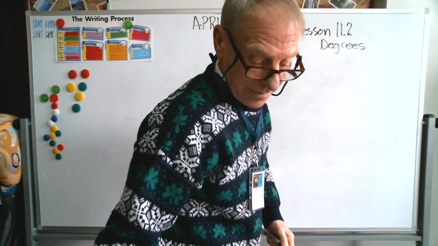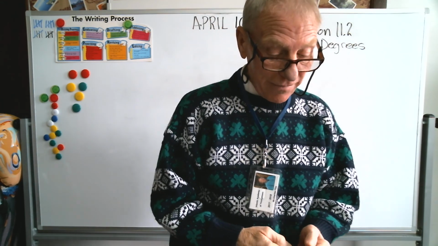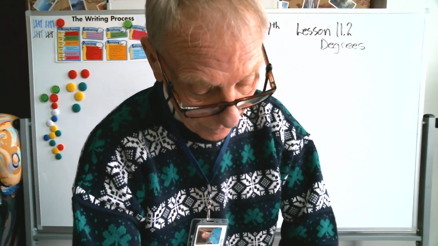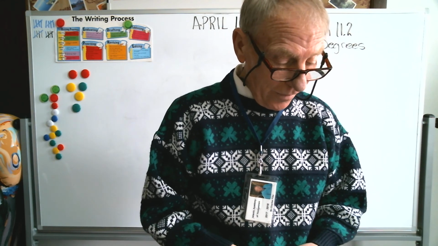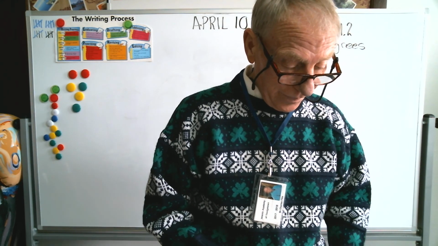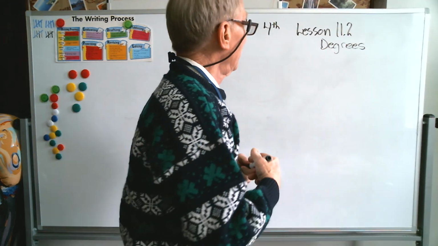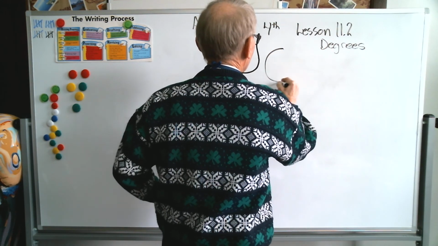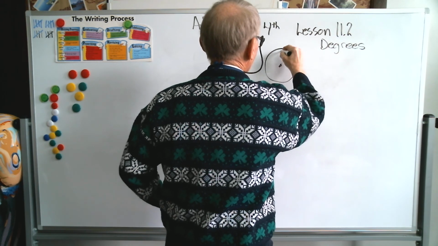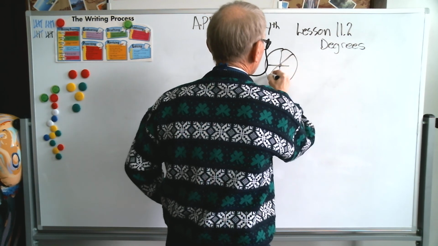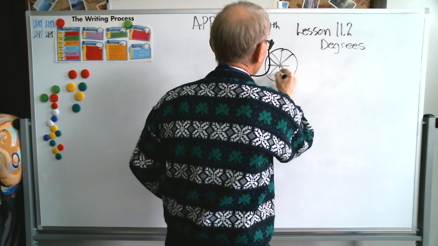So this lesson begins on page 607 in your math workbook. And the first thing it shows you there is a problem where you have a bicycle whose tire has spokes. It has lots of spokes.